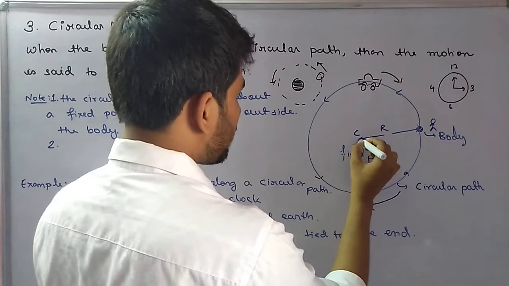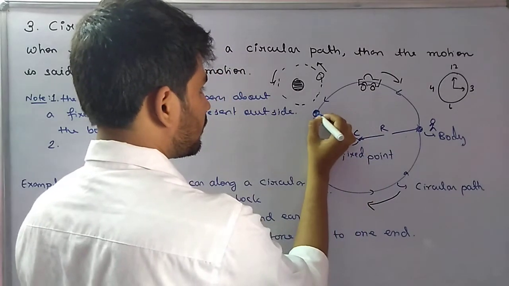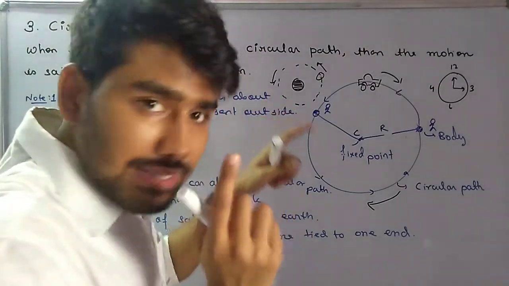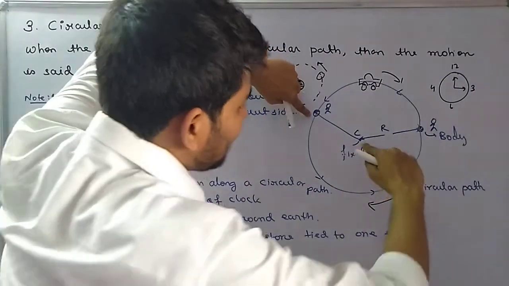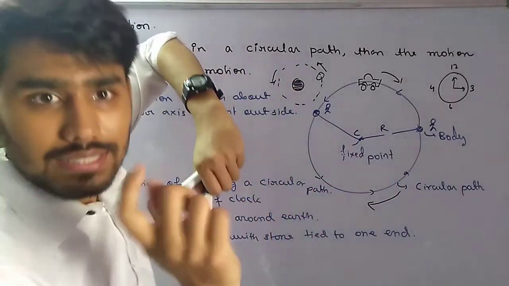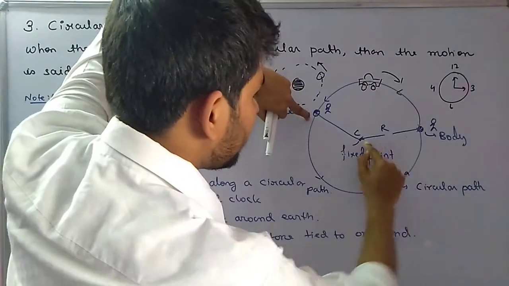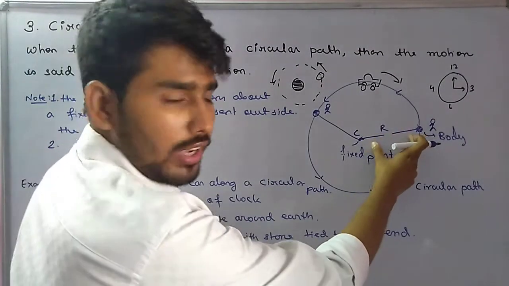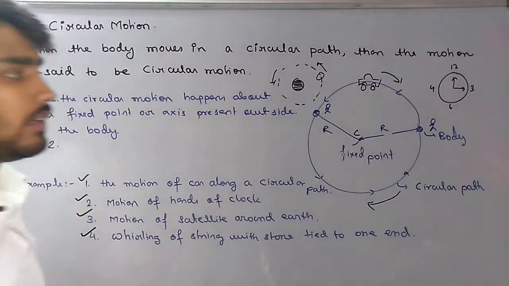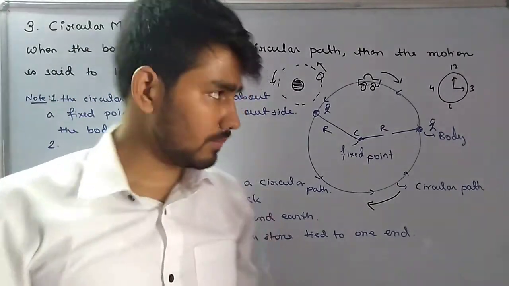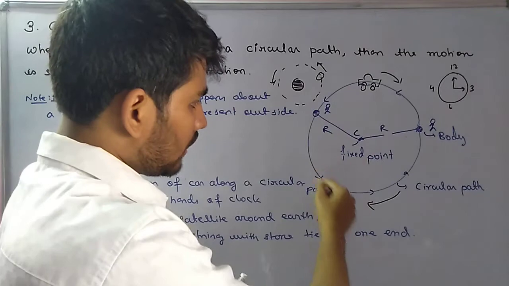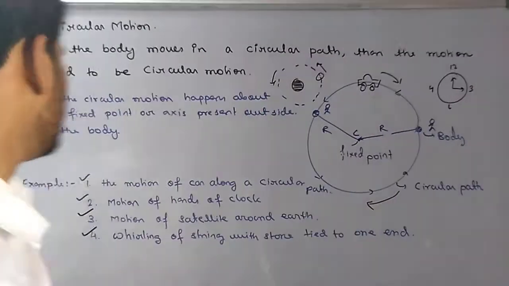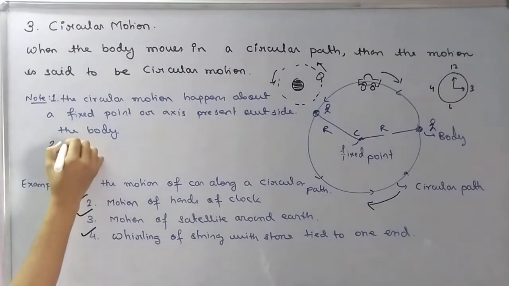If the body happens to be over here, in that case, the distance between the body and the center will be how much? If it is r over here, it has to be r over here, because the distance between any point on the circumference and center is always the same, which is called the radius. This is the second point.